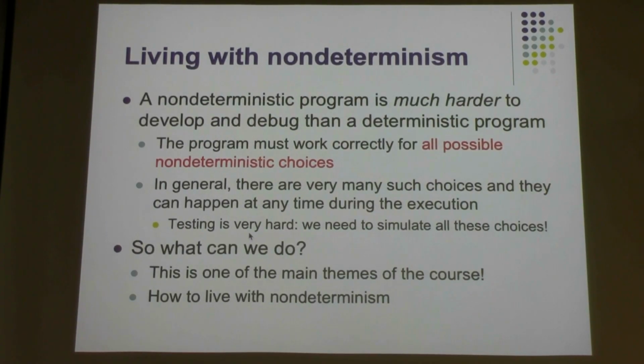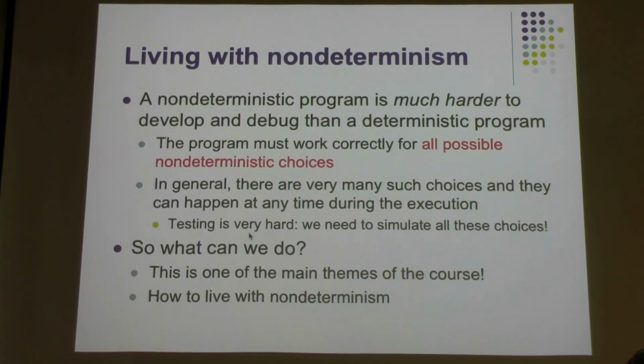If I have n clients sending messages, there are n factorial possible orders in which they can arrive. And it's actually much more than that, because a program like the Amazon server is running for a very long time. So the number of requests is basically unbounded. So the number of choices is incredibly large.